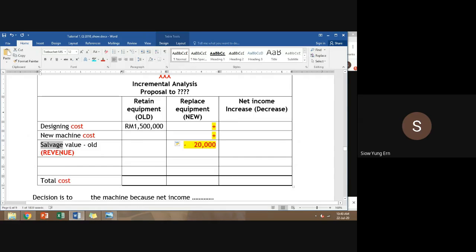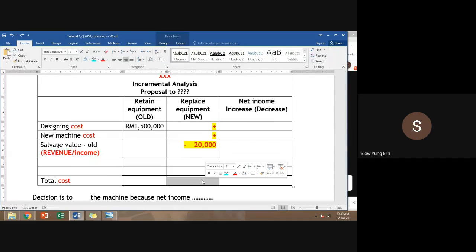So it is a revenue, or we call it an income. That's why in your slides they put a negative, they put a bracket. Okay, give me your total cost. 1.24 million, correct? 1.24 million, correct.